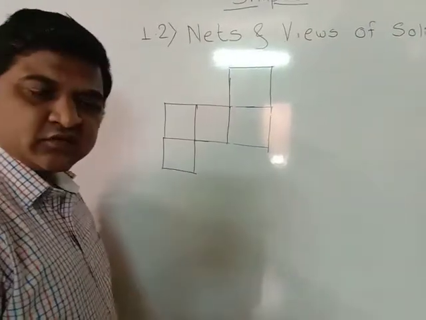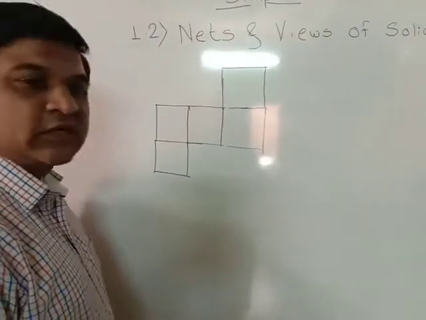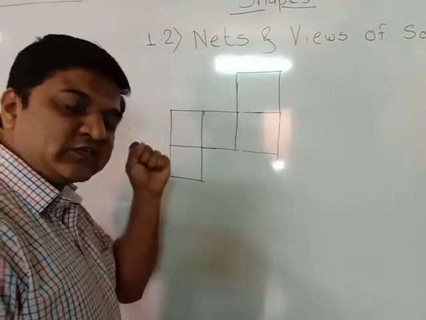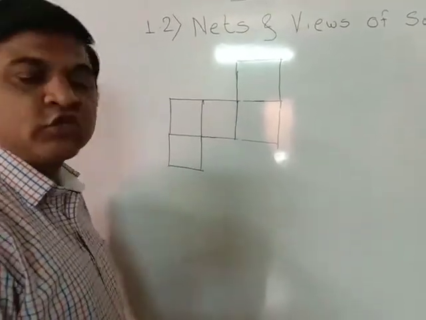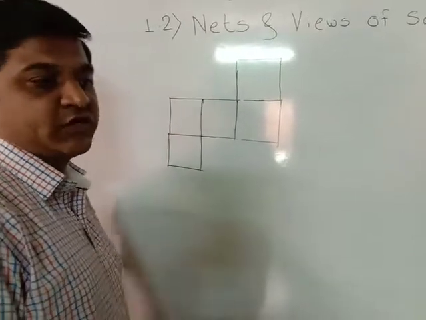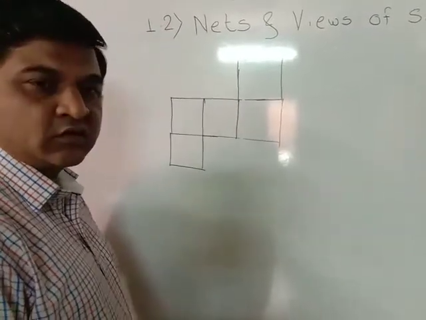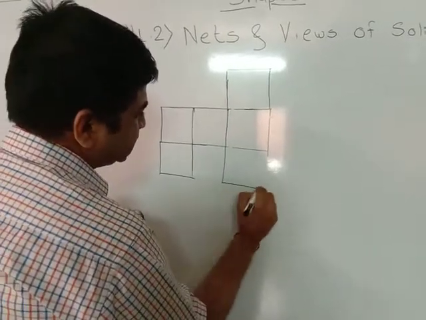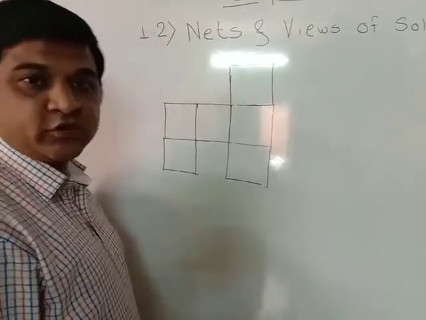Is it a net of a cube? Remember that the net of a cube has 6 square faces. So we need 6 squares to complete a cube. Can I put a square over here? Is it possible?